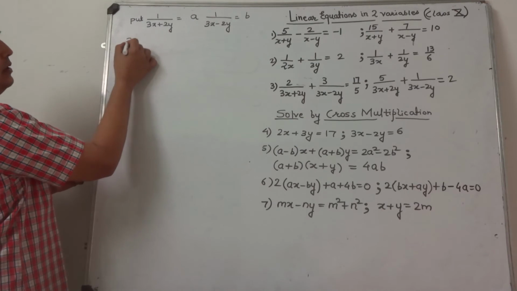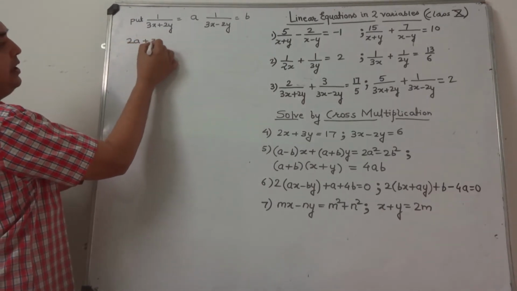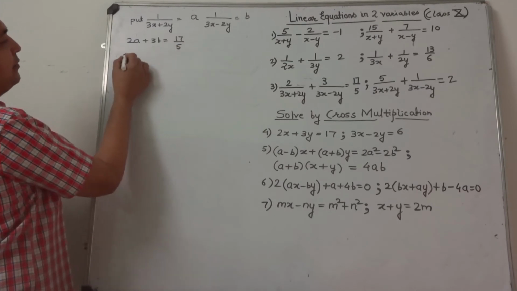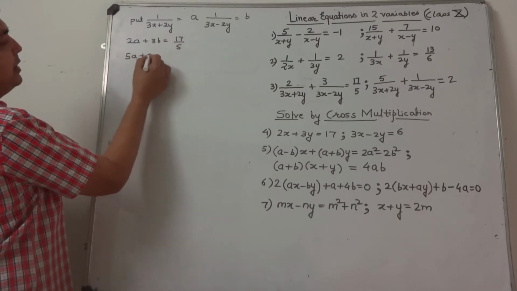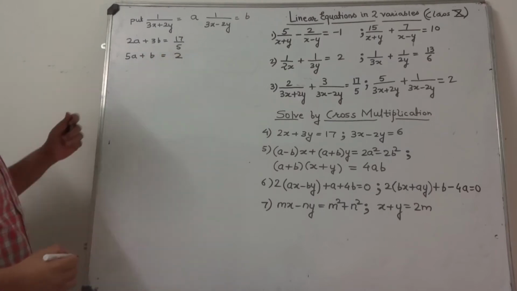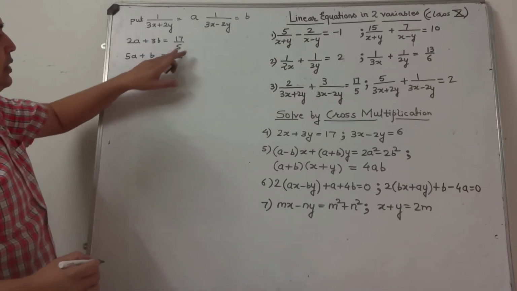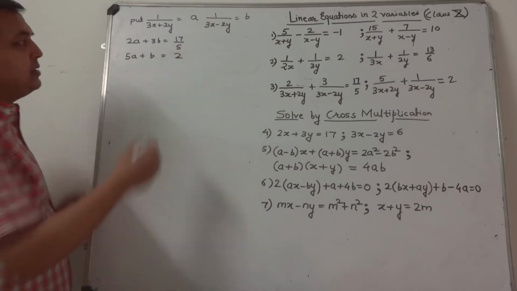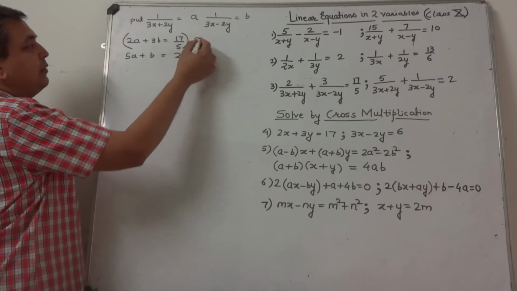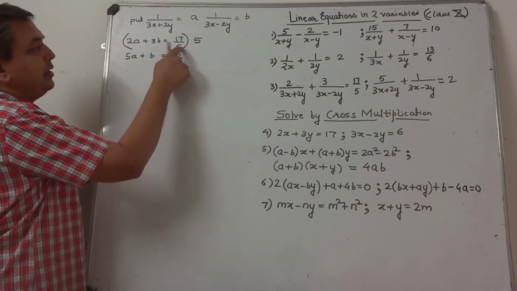The question becomes 2a plus 3b equal to 17 upon 5, and 5a plus 1b is equal to 2. Now students, just to remove this fraction, we multiply this complete equation by 5, just to remove this denominator.